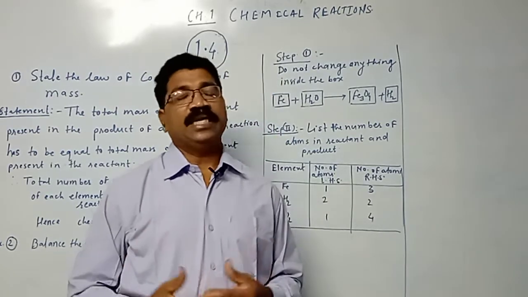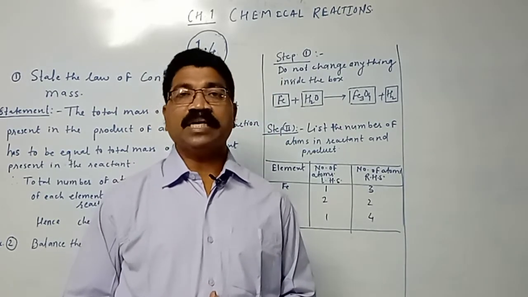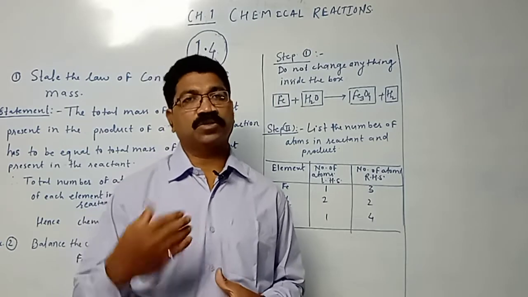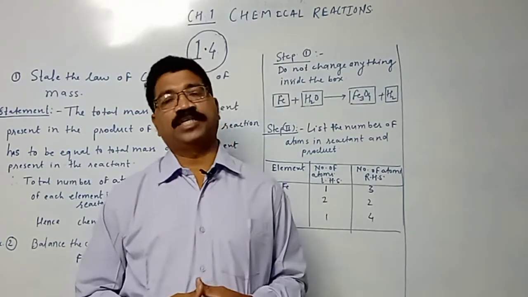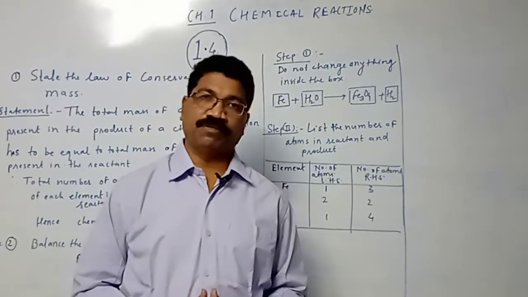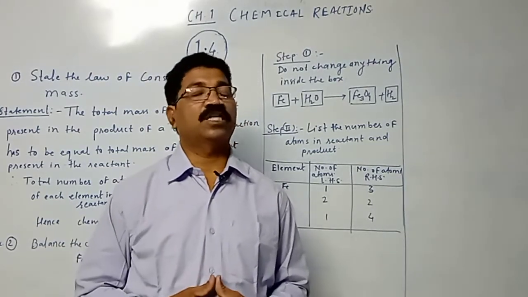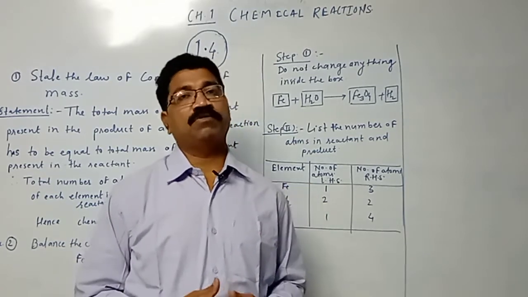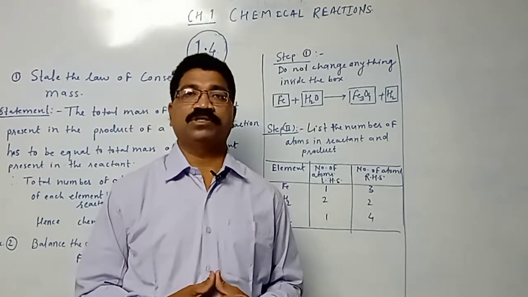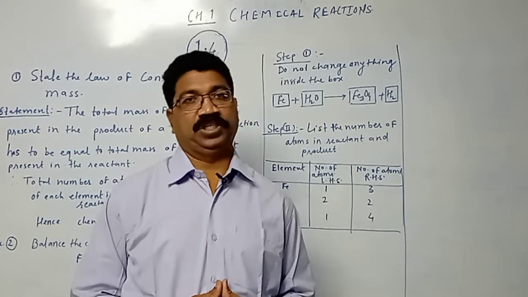Okay. Then next we have seen an example of chemical change. 2Mg plus O2 gives us 2MgO. So magnesium has different properties, oxygen has different properties, and magnesium oxide also has different properties. So altogether a new type of compound is produced over here. So this is an example of a chemical change.